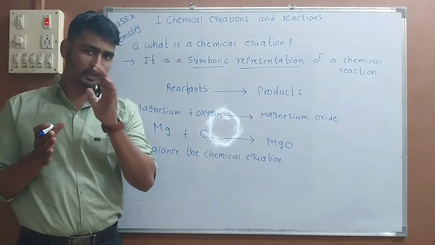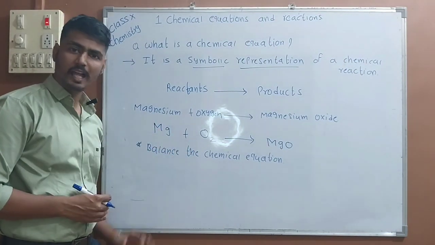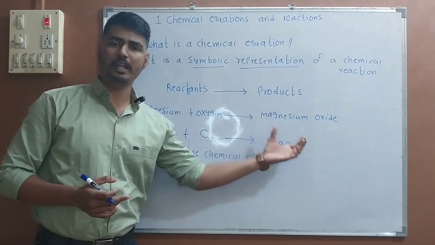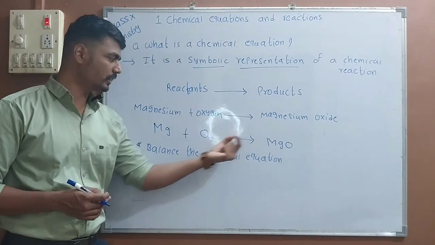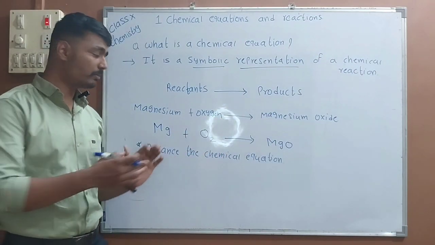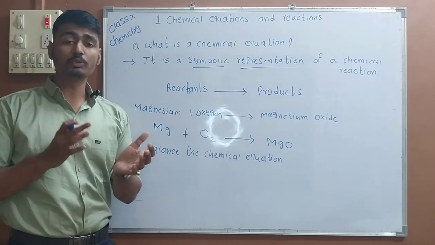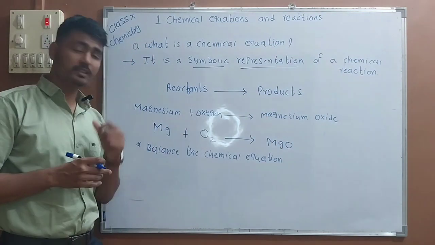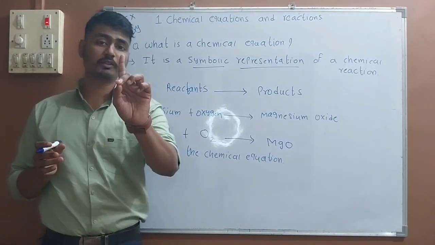We take some mass of reactants on the left hand side and form some mass of products on the right hand side. But as we know, here there are two oxygen atoms and here only one oxygen atom, so their masses will be different on the two sides. To overcome this imbalance, we need to know the law of conservation of mass.